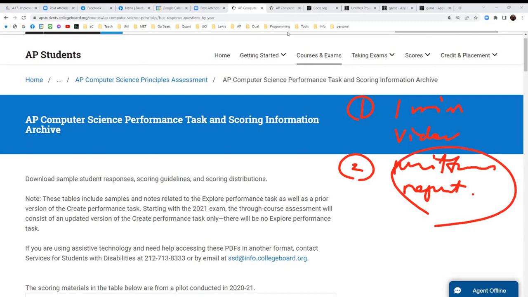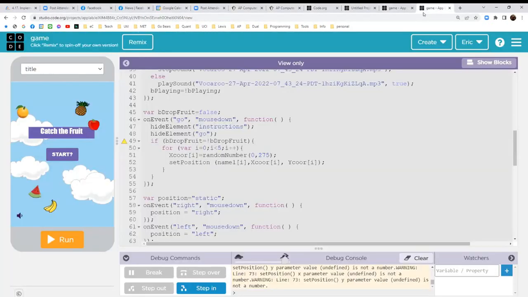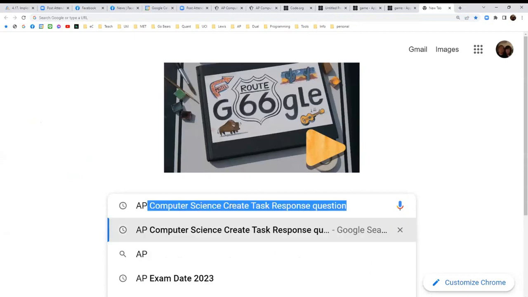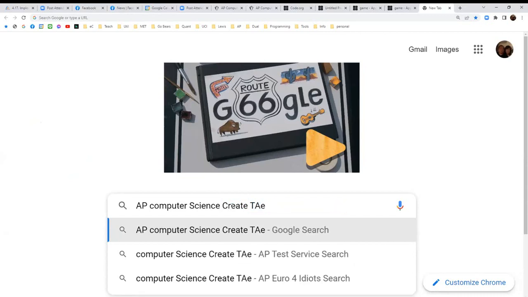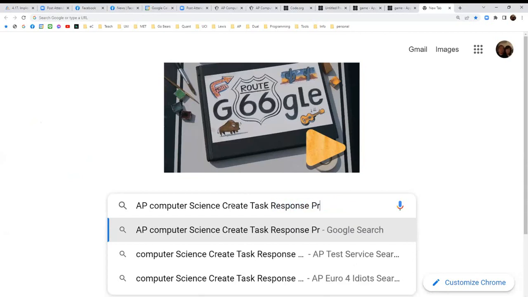You don't work through the AP concept principles digital portfolio problem. How can you know that? Okay. You have to get the AP computer science create task. Response question, okay, PDF.